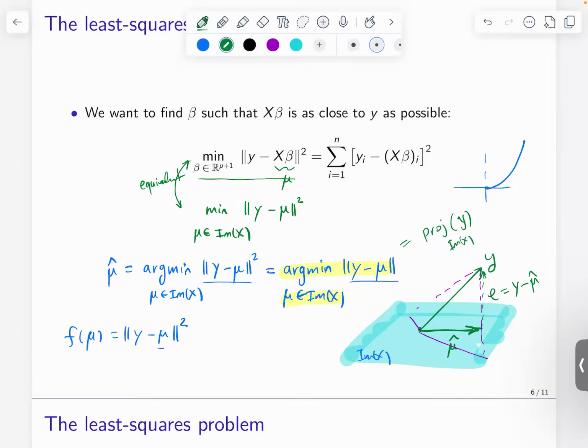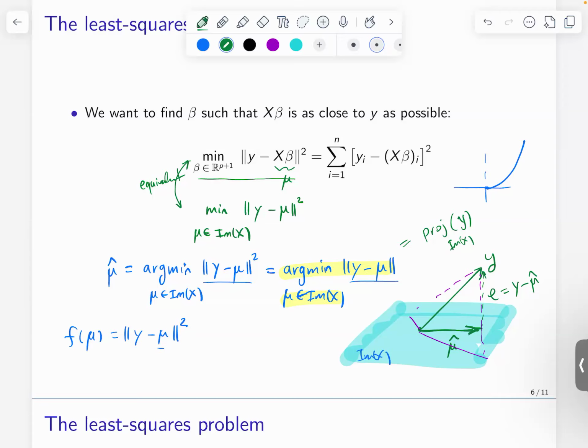So you can write it as the projection of y onto the image of x. This notation is not standard. So what is the key geometric property of projection? Remember? What do we know about this error? It's orthogonal to the subspace.